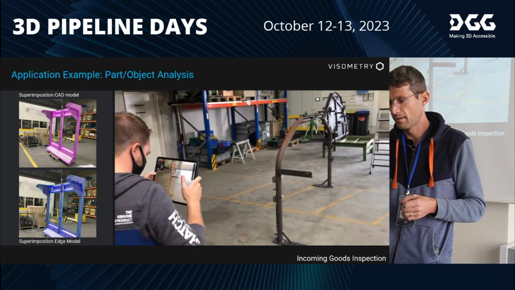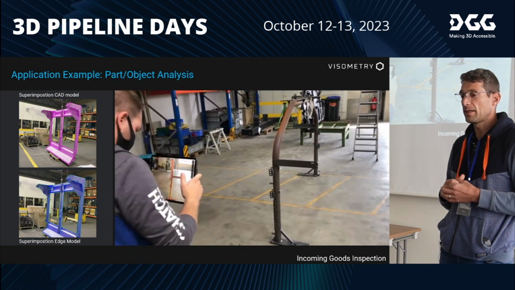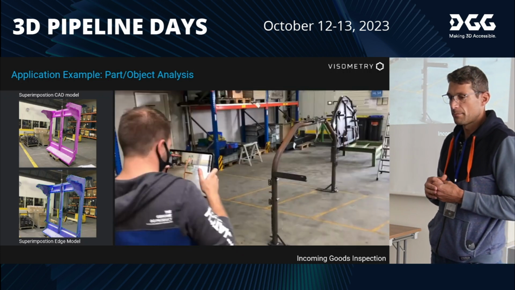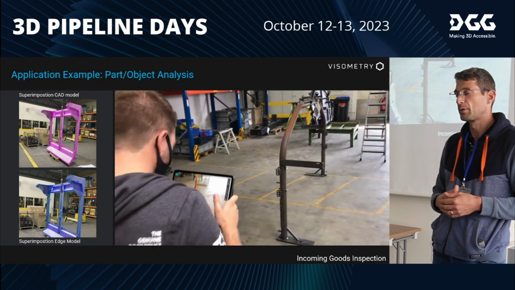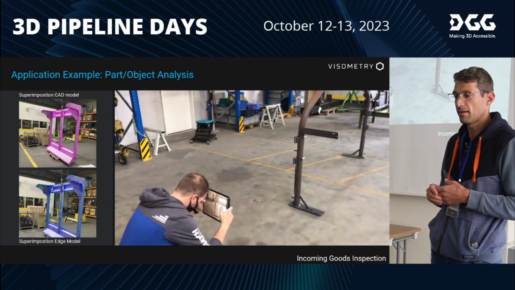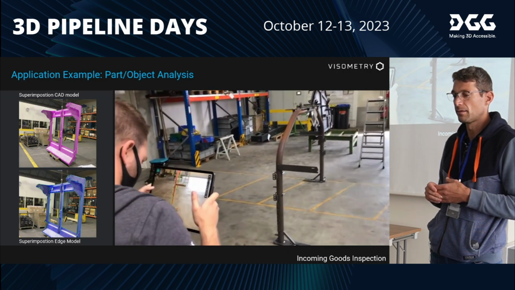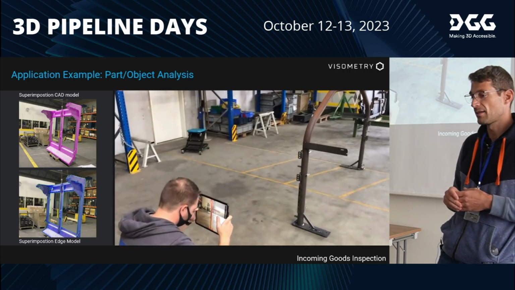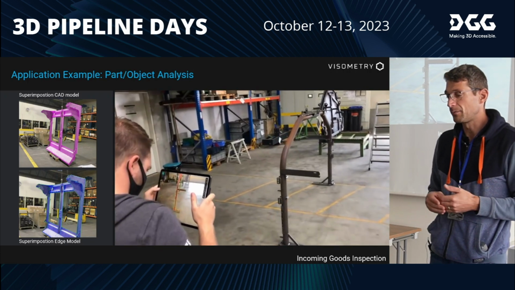So here we have one of our customers, they use our software in the area of inspection of incoming goods. As I mentioned already, before parts are put into the assembly, they check if all the holes are correctly drilled and that there's no misplacement of manually welded parts in these structures. Of course, this is interesting for very small quantities.